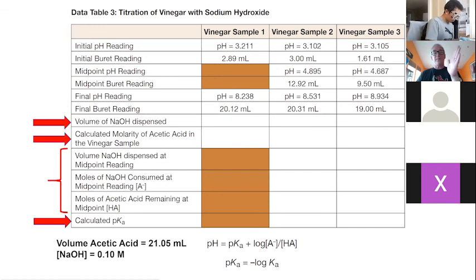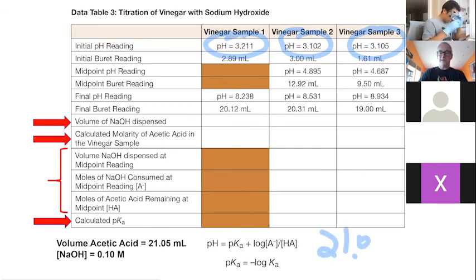These are 3 different titrations of acetic acid with sodium hydroxide. So it gives you the initial pH to start with. Each one of them is 21.05 mL of acetic acid. And then it tells you what the initial volume of NaOH was.